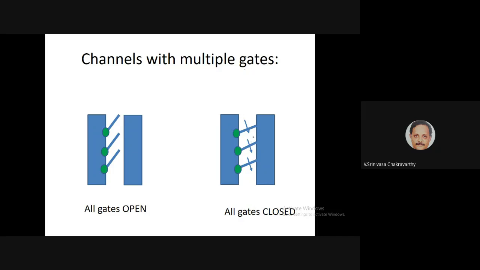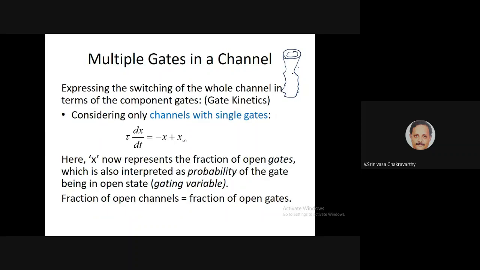These gates are a bit of a fiction because there's no such thing as a trap door that opens and closes. Basically, it's a very complicated protein molecule, where you can have lots of different shape changes all along the pore of the channel.